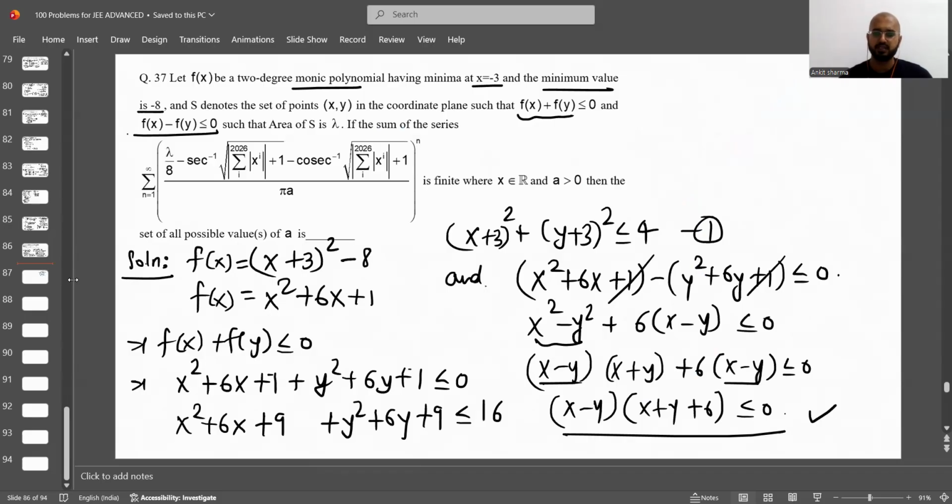So if you see the region between these two lines, which means this is x minus y and then x plus y plus 6. So I can just divide by, no, there is no point, x minus y into x plus y. That means this is lying between these two lines. That means if I take a point between these two, it should lie above one line and below the other line.